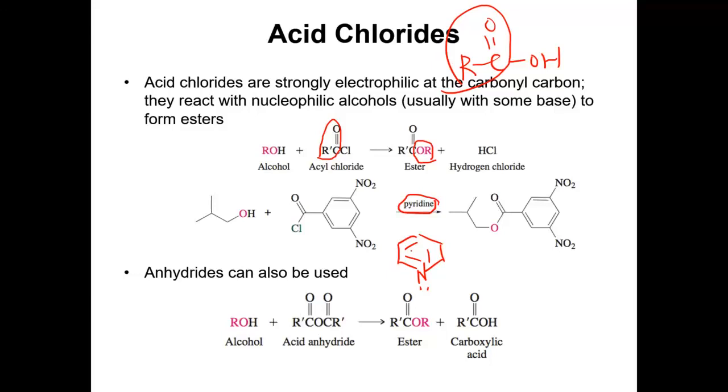So what we can see is that one acid anhydride will donate one of the electrophilic acyl groups to combine with alcohol and give you the ester product, and the rest of the acid anhydride will be cleaved off and become a carboxylic acid.